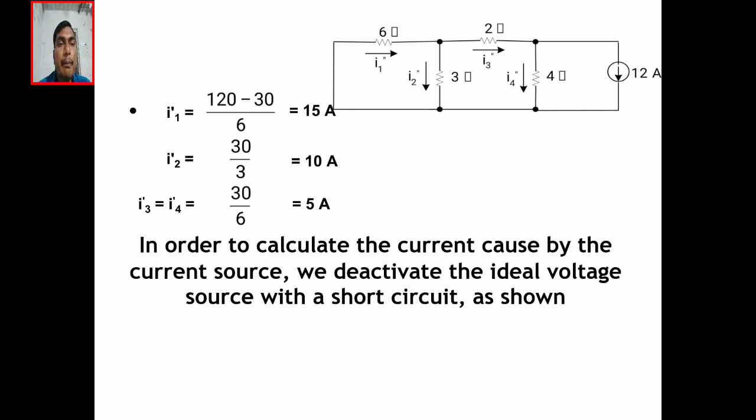If it is a practical voltage source, what do we have to do? We have to replace it with its internal resistance. I already told you that practical voltage sources consist of some internal resistance.